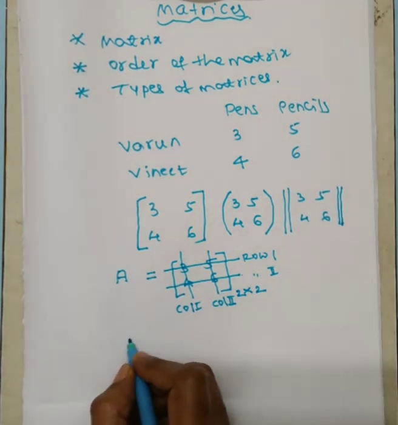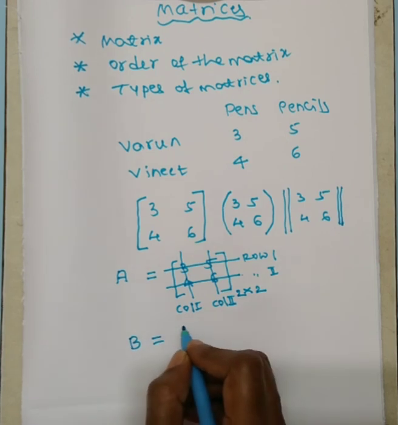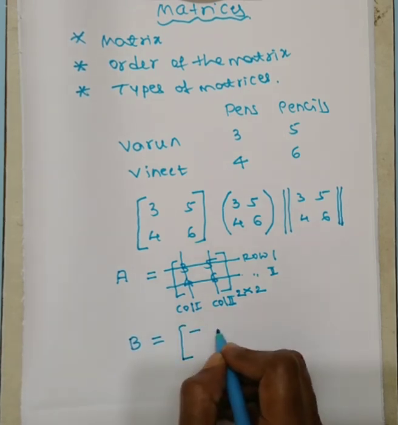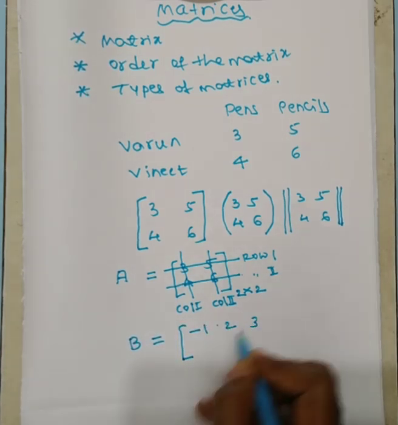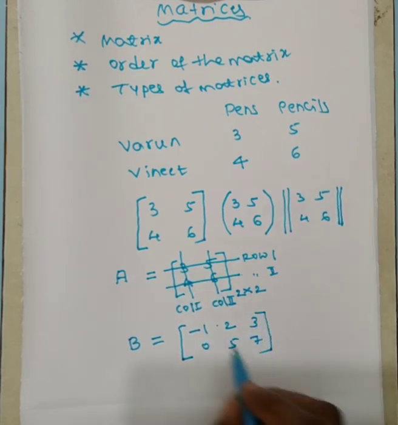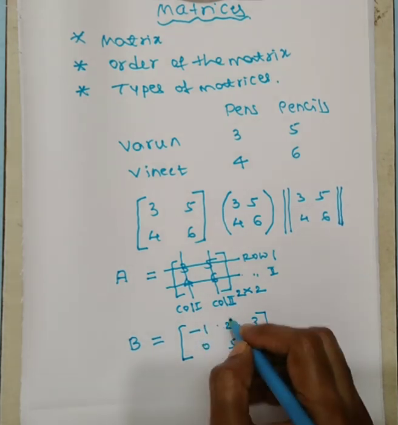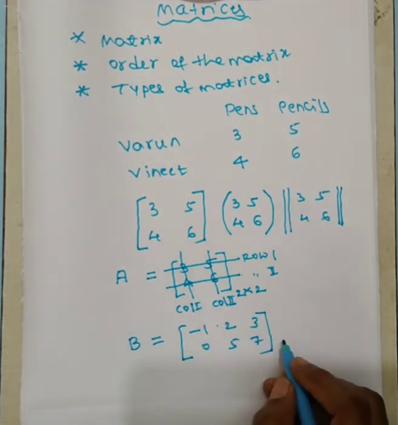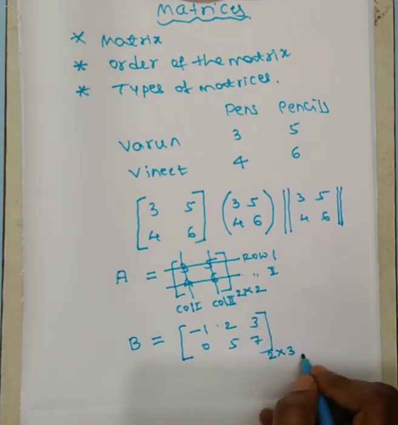Now let us take one more example. Say the matrix B, -1, 2, 3, 0, 5 and 7. Now in this matrix there are 2 rows and 3 columns. So the order of this matrix is 2 by 3. We don't read it as 2 into 3, we read it as 2 by 3.